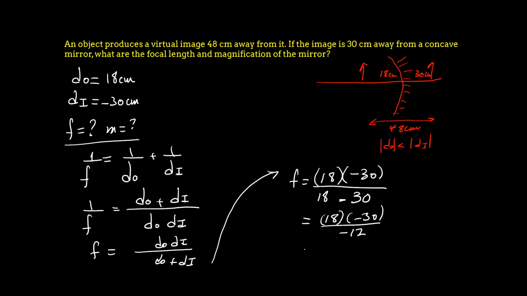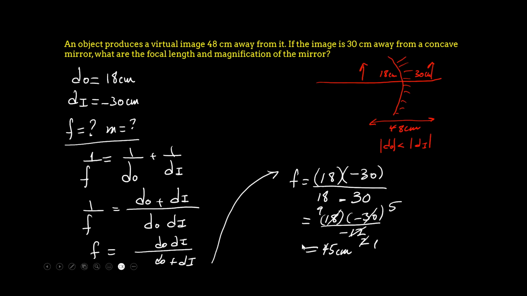The negative cancels out from the top and the bottom. Divide by 6, so here's 2, here's 5. 18 divided by 2, 9 times 5 is 45 centimeters. So the focal length is 45 centimeters, and positive.